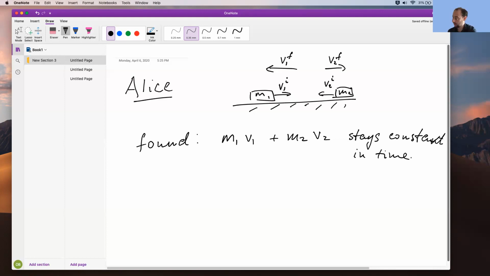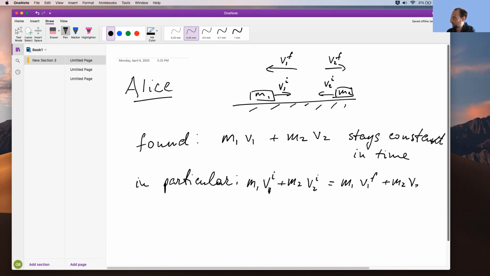It's unchanging at all times, including before and after collision. There's some time before collision, some time after collision. M1 V1 initial plus M2 V2 initial equals M1 V1 final plus M2 V2 final.